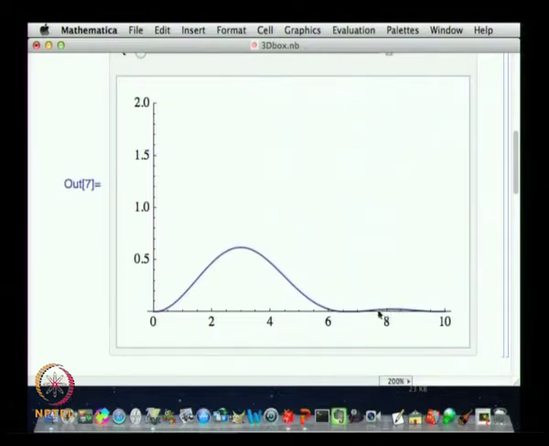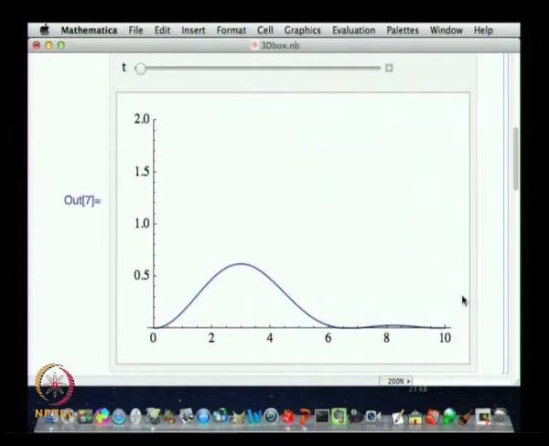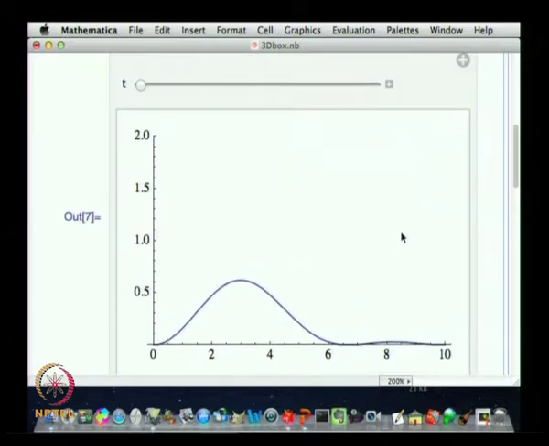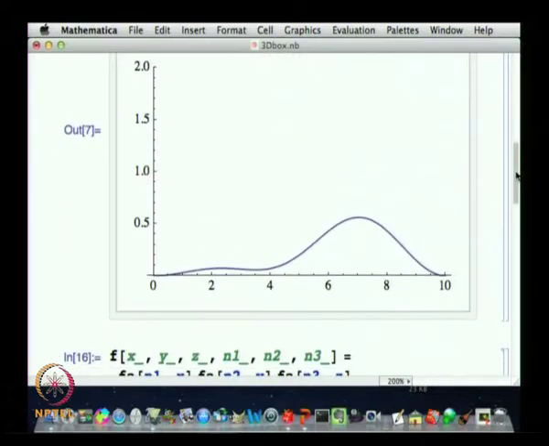This is at the initial time t equal to 0, but now look at what is going to happen when I change the time. So, this is actually what happens.